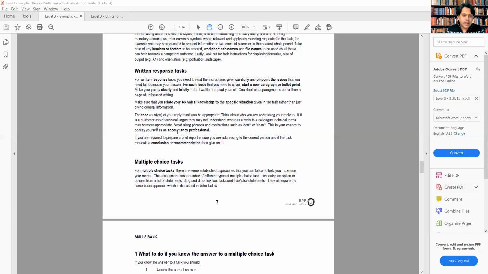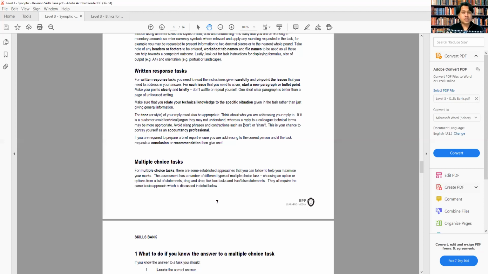Then avoid slang phrases or contractions such as don't or should not. Don't use these small things that we use in everyday life when we reply to a friend. So I just said, okay, don't use this type of thing. If you need to write don't, you write do not. If you said shouldn't, you write should not.